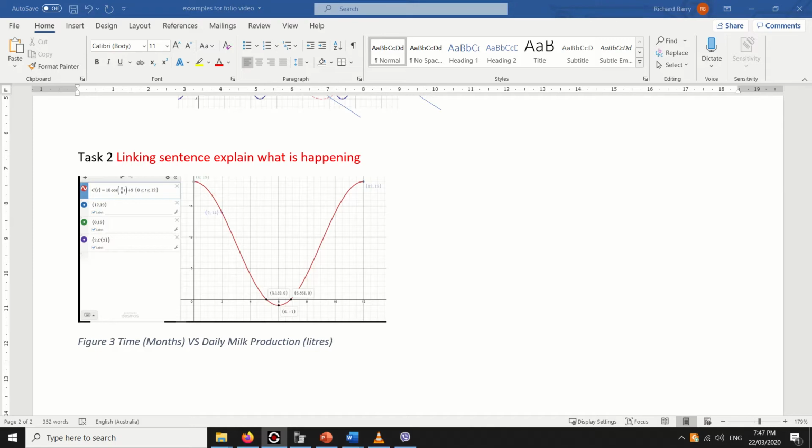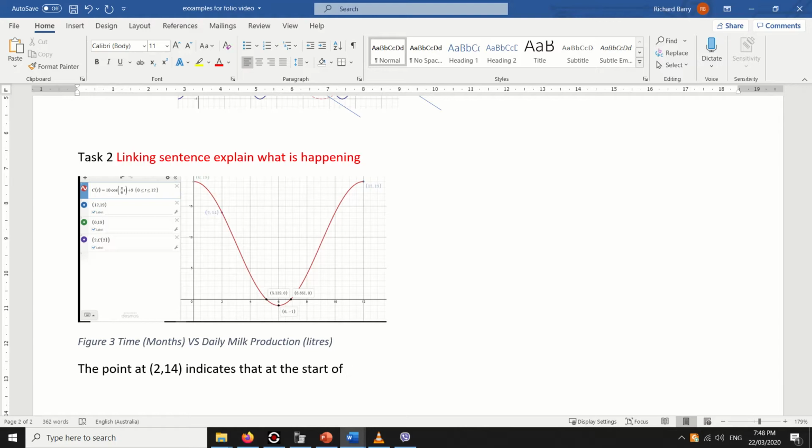Okay, continuing on with task 2, we need to see some sort of sentence that explains that you clearly understand what is going on. So here, I'm going to consider this point. The point at 2, 14 indicates that at the start of which month?